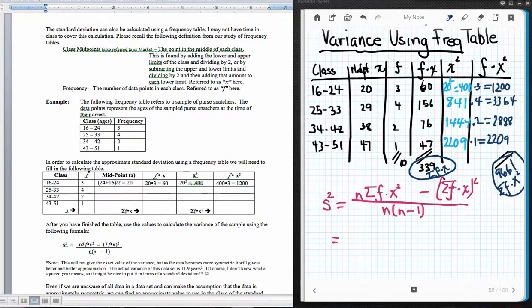Remember that the sum of the f times x is 339. So now we're just going to plug into this formula. Right down here, I'm going to put in n, which remember was 10. You can find that by adding up the frequencies.